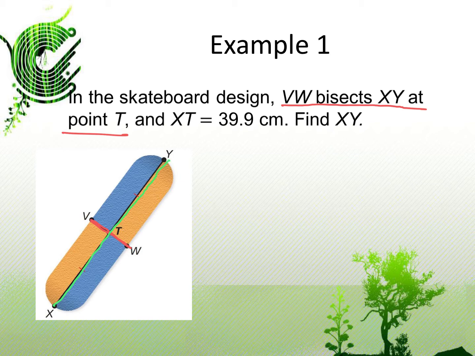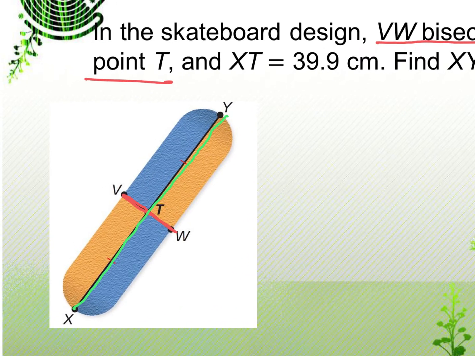Now, they were nice enough, and I know it's hard to see, but it's got little red congruency marks. So that should have been a clue as well, that T is going to be the midpoint of XY.